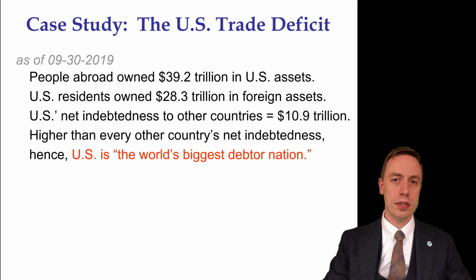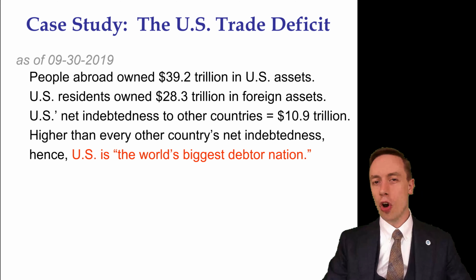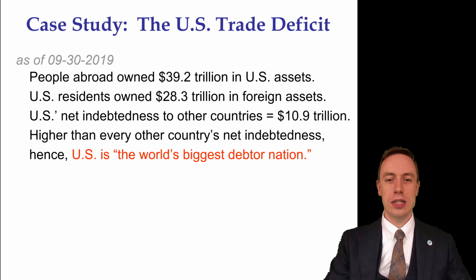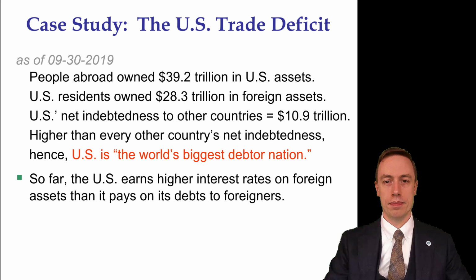And the US enjoys excellent creditworthiness with the rest of the world. So excellent that there's a very interesting phenomenon at work here. Even though foreigners own more US assets than Americans own foreign assets, from a cash flow perspective, a return perspective, the returns are still positive in the US favor.